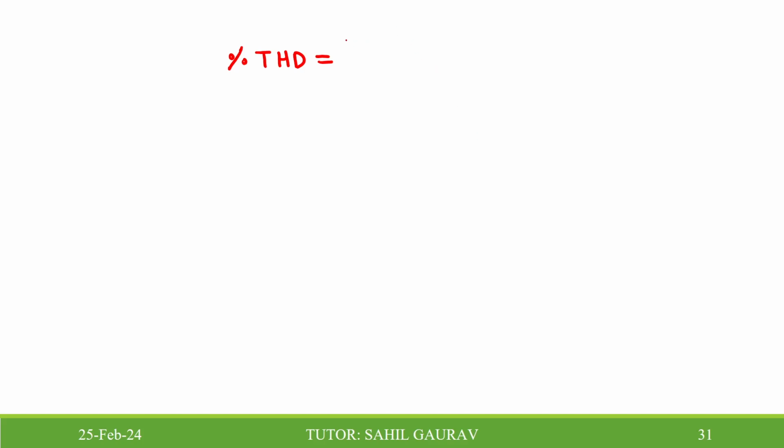So THD is the square root of the summation of harmonic voltage values Vn squared, divided by V1, the RMS of harmonic voltage to the fundamental voltage, multiplied with 100 to get the answer in percentage.